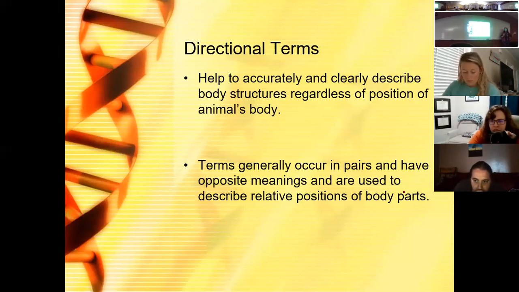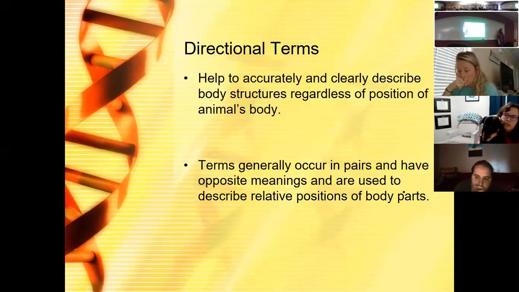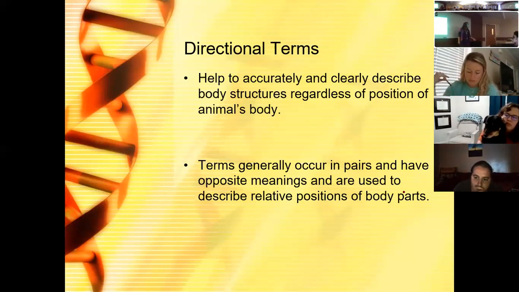So 10 days later, you are the technician. Maybe it's my day off. The owner comes in to get the sutures removed. You need to be able to read my notes and find the location of this small cut, these tiny sutures, on this hairy dog. So what I would use are my directional terms.